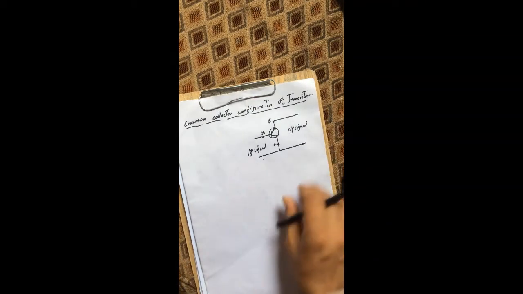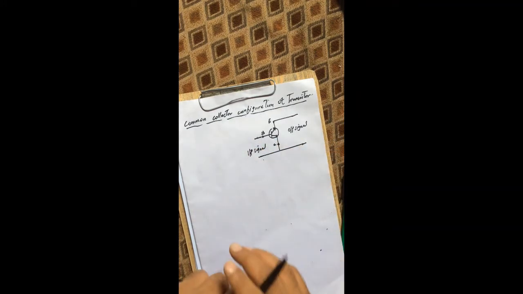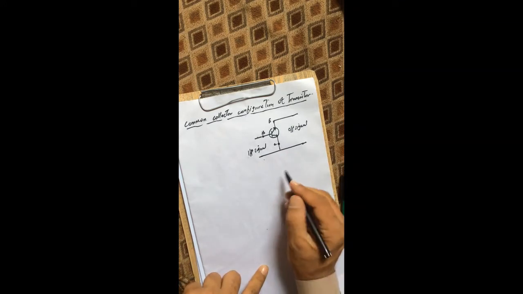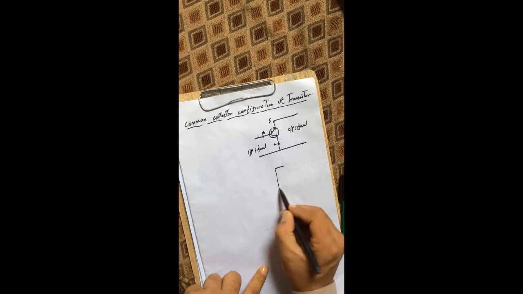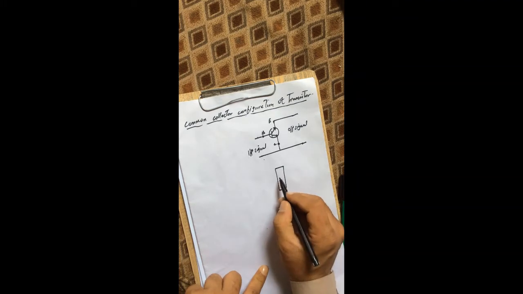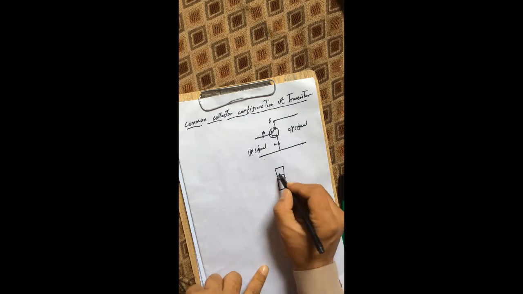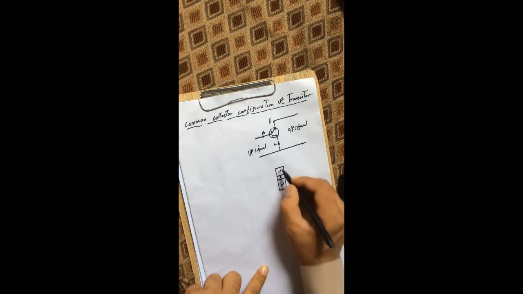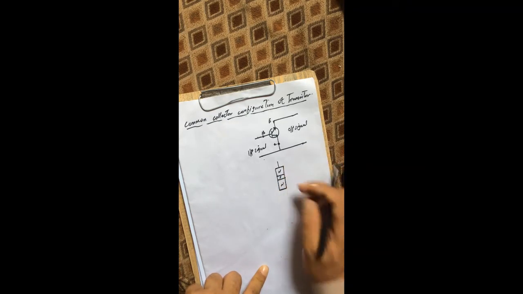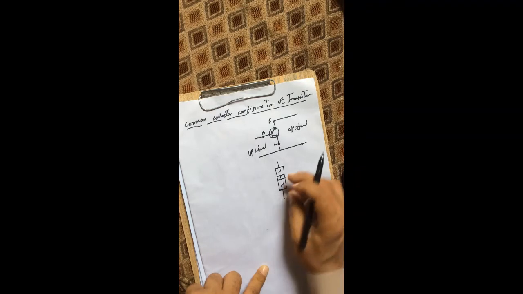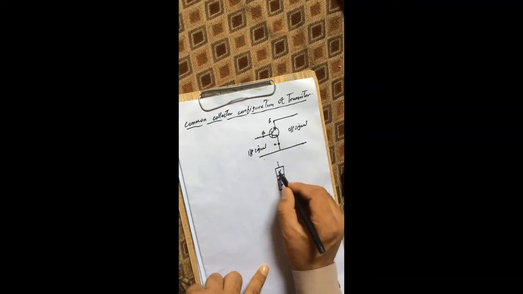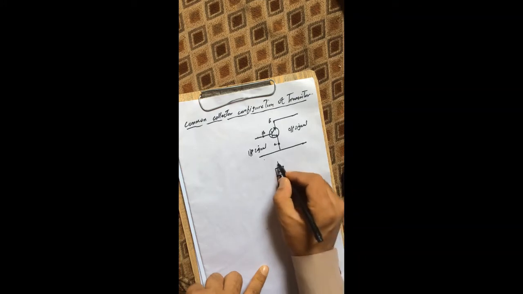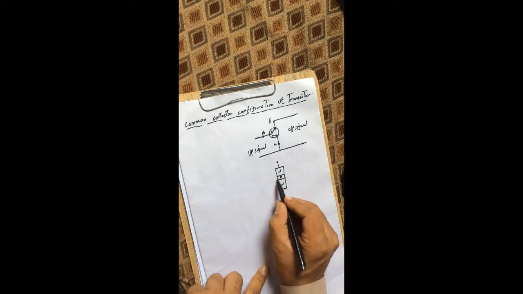Now, this is one notation for the common collector configuration. If I use an NPN transistor, this is N, this is P, and this is N. This is the collector because its width is bigger than the P and the other N, so this will be the emitter, and this will be the base.